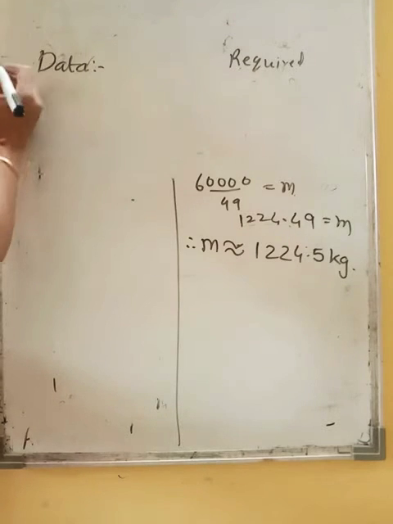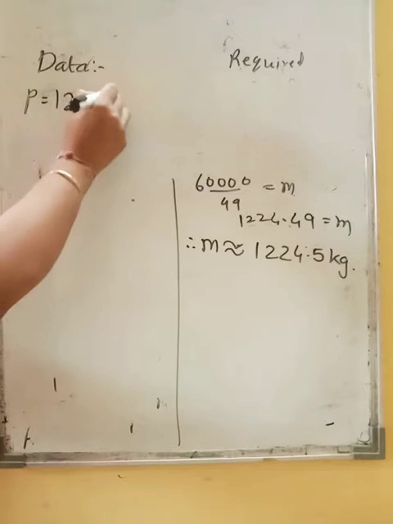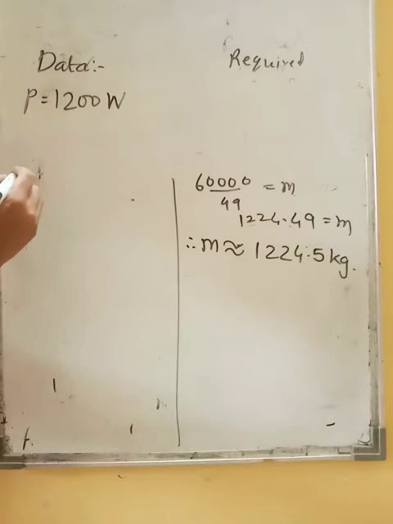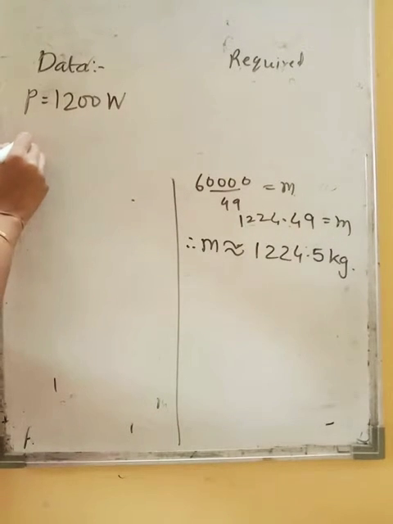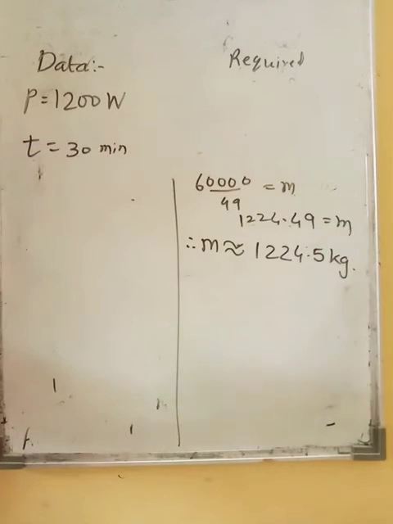So the iron has power 1200 watts and is used for 30 minutes. So t is equal to 30 minutes. How much total energy is consumed in the month of April?